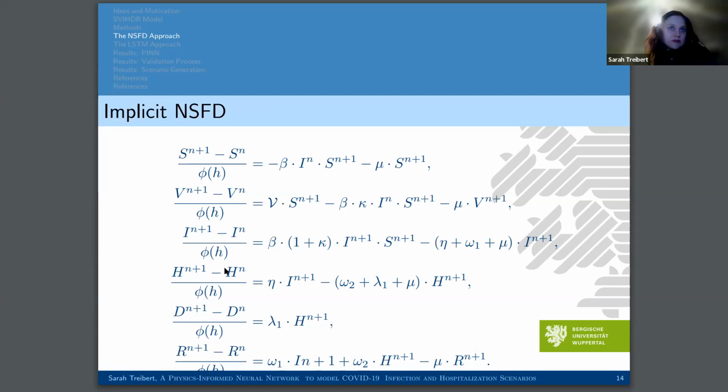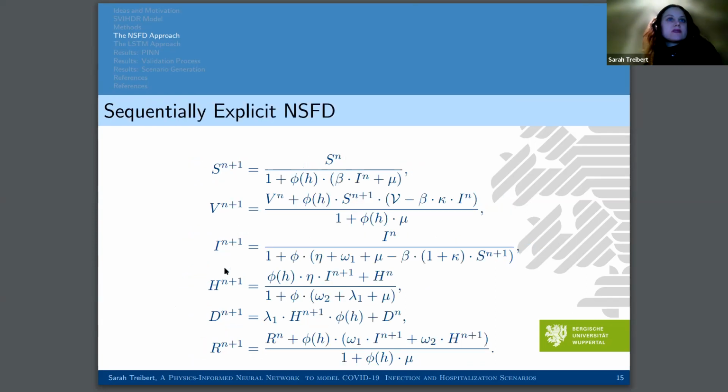At first we get this implicit form, and then we can transform this implicit form to a sequentially explicit NSFD form. And thus we have obtained a discrete model instead of the continuous one, and use this for the prediction.